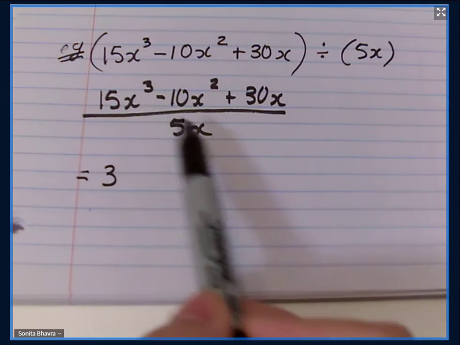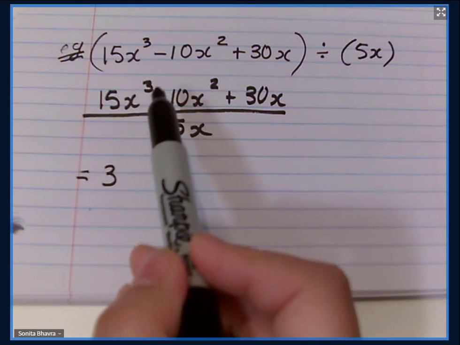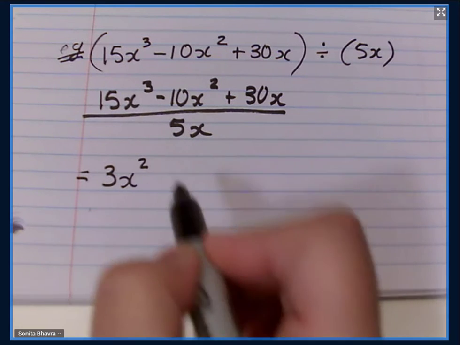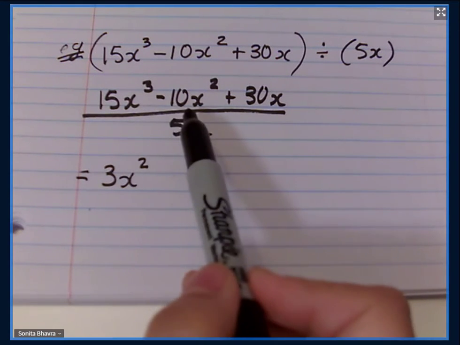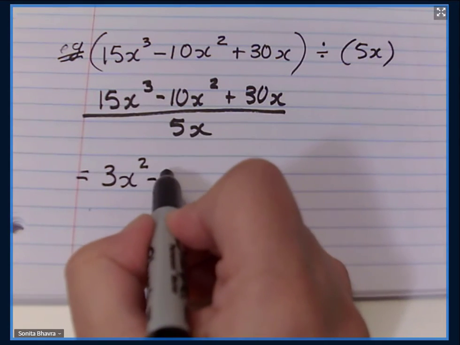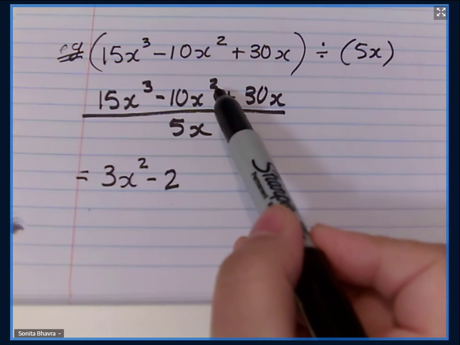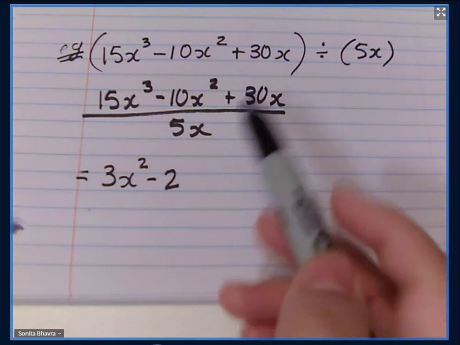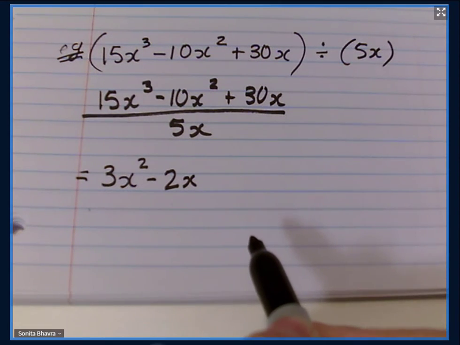And x cubed divided by x, so again we subtract our exponents. Exponent of 3 minus 1 leaves me with 3x squared. Next we have negative 10x squared being divided by 5x, so that leaves me with negative 2. And with an exponent of 2 and an exponent of 1, 2 minus 1 is just 1, so minus 2x.